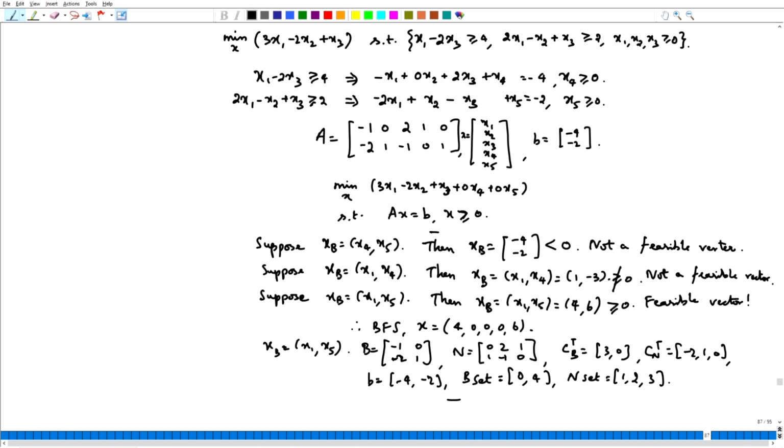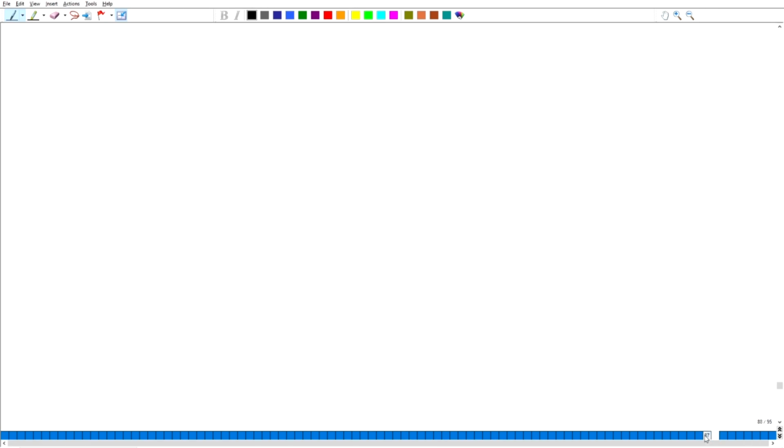Okay. So, note that these are the constraints. You have x1 minus 2x3 greater than or equal to 4 and 2x1 minus x2 plus x3 greater than or equal to 2, right. Suppose I fix x1 minus 2x3 equal to 4, then x3 is x1 by 2 minus 2.